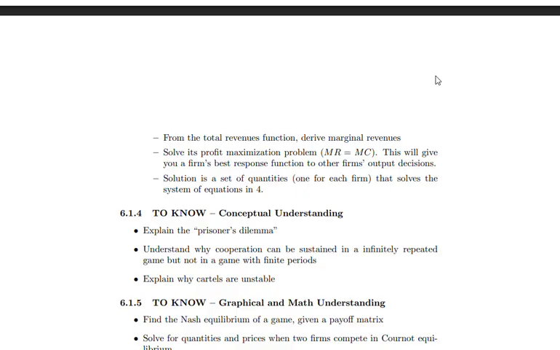From the total revenue function, derive marginal revenue. Solve its profit maximization problem: marginal revenue equals marginal cost. This will give you a firm's best response function to other firms' output decisions. Then the solution is a set of quantities, one for each firm, that solves this system of equations.